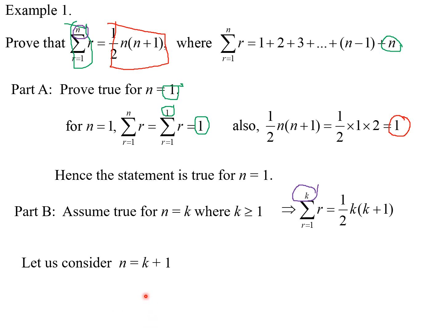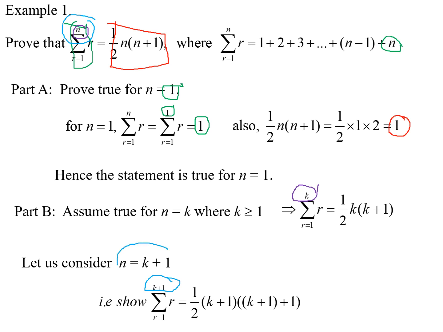For n equals k plus 1, we have to show that the sum of r, where you see the n here is substituted with k plus 1, equals half times k plus 1 multiplied by k plus 1 plus 1.